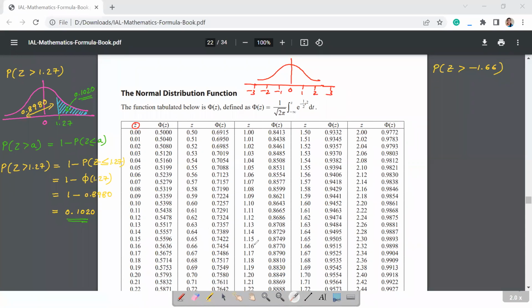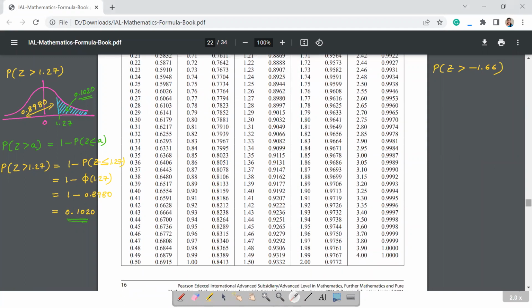You are supposed to work with a negative value, but negative values are not given. So how are you expected to find the probabilities? You're expected to use the symmetry of the graph, because you know the graph is symmetric. Let's see how we can do that.